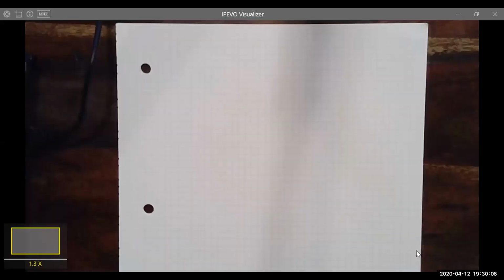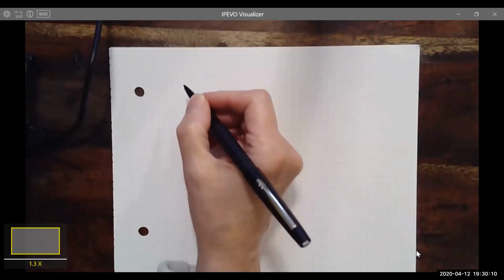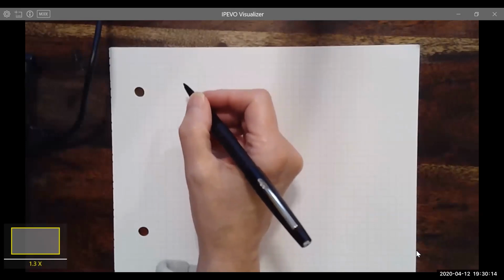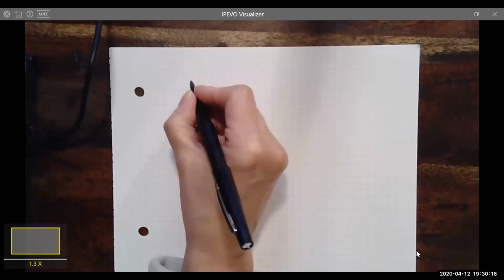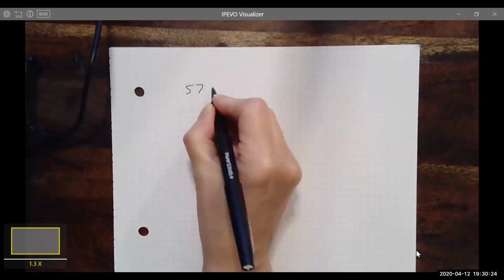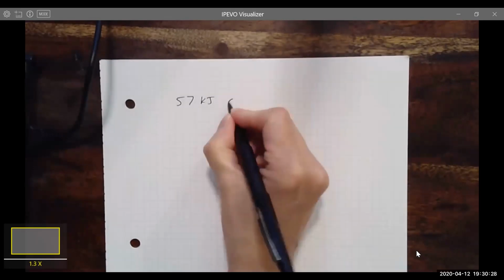Okay, so you should be able to see that now. In this problem, we're given that there are 57 kilojoules released over a 2-hour period.